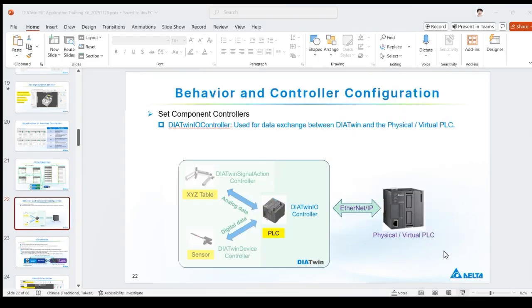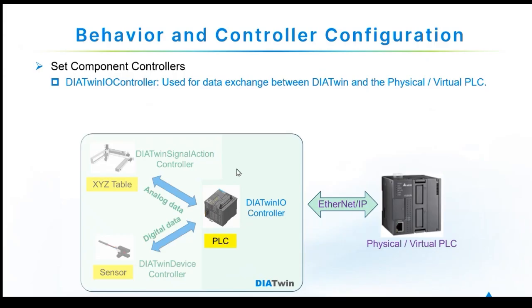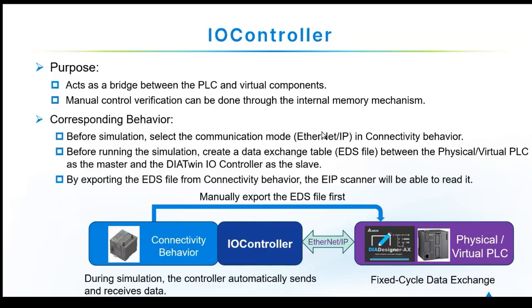Okay, and next is how the virtual component in DIATwin is able to construct the communication with our AX. So here's the point. We have to use another controller. We call it DIATwin IO controller. What this IO controller does is it will be a bridge between the PLC in the virtual component and also the PLC in the actual one.